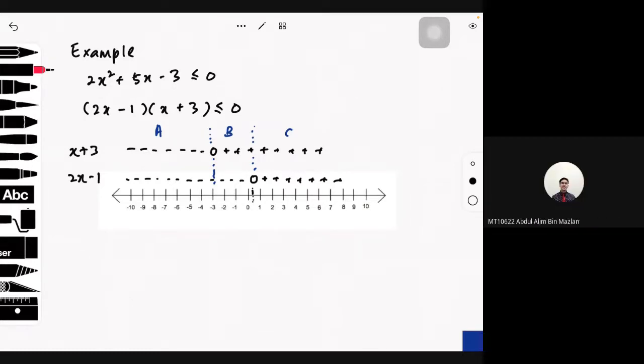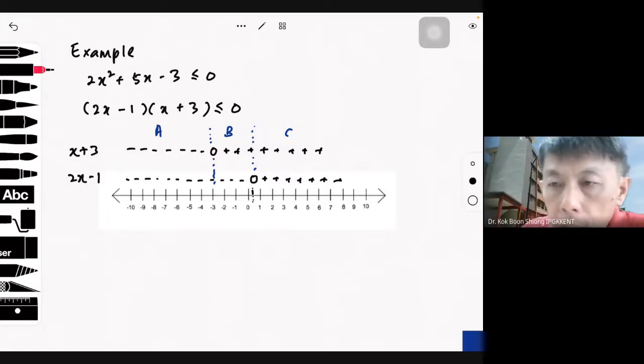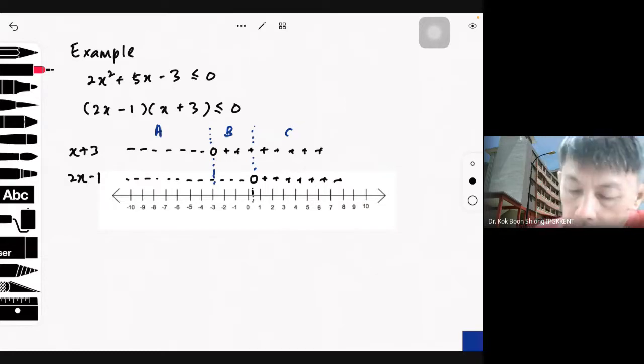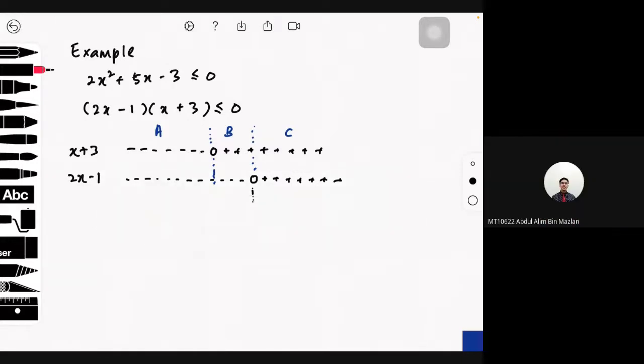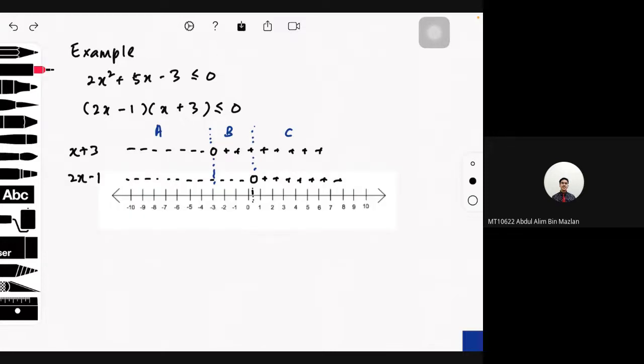B. Why B? Because it is smaller or equals to 0 and must be negative. Positive and negative become negative, so we must take the negative part. So what is the answer? x between negative 3 and half.